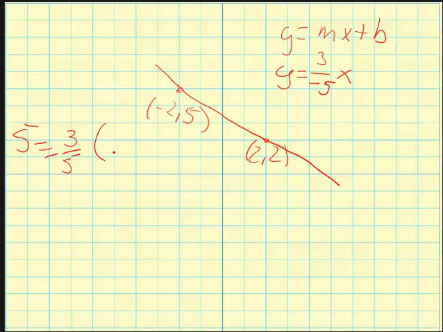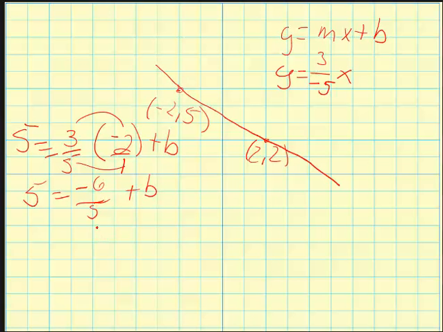My x value is -2. I'm trying to find b. Again, put this over 1, top with top, bottom with bottom. Now I need to get rid of this, so I need to add 6/5 to both sides. That's a plus sign there.